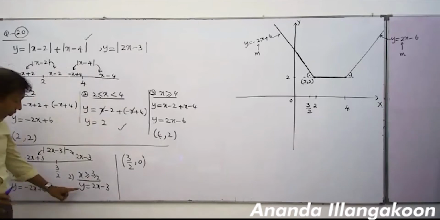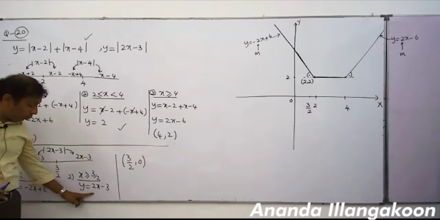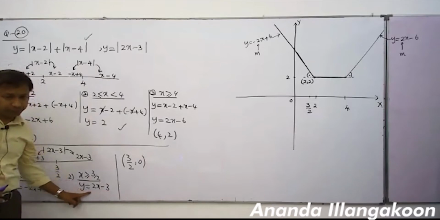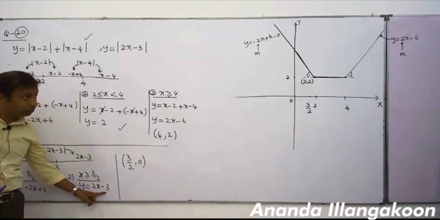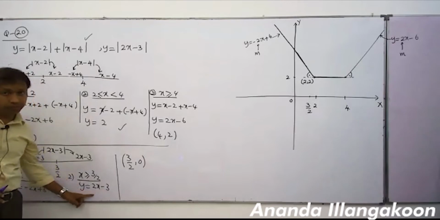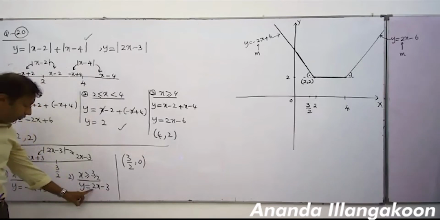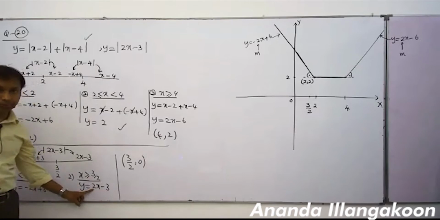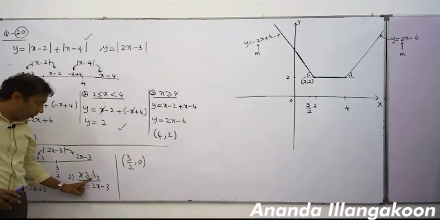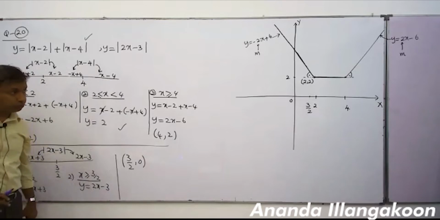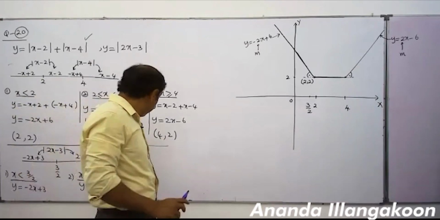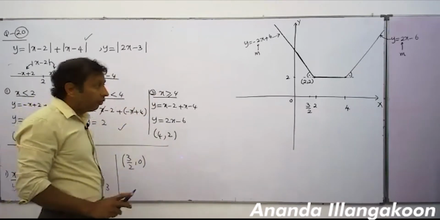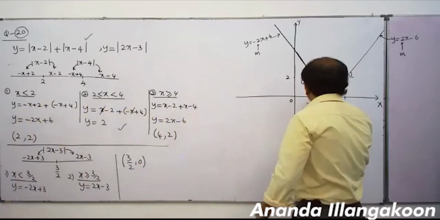Right. I'll first draw this one, y equals 2x minus 3. The gradient of this is 2. That line we have to draw on the right of 3 by 2. Its intercept is minus 3. One point is this, we found that.